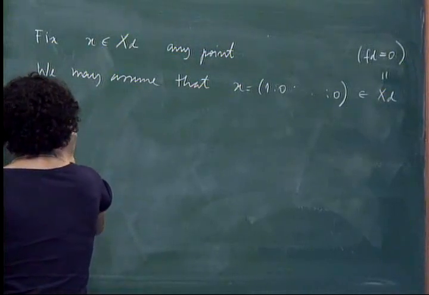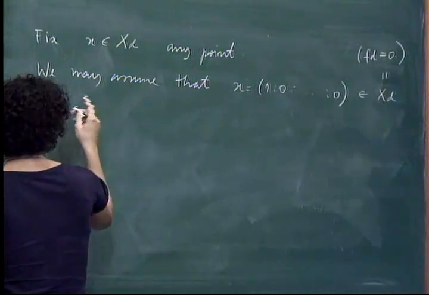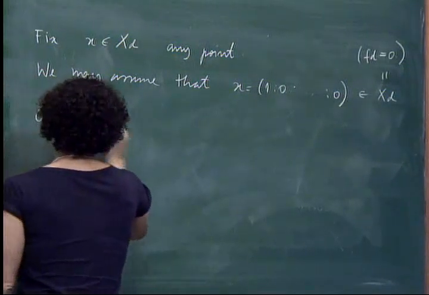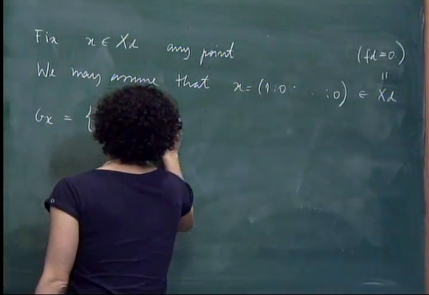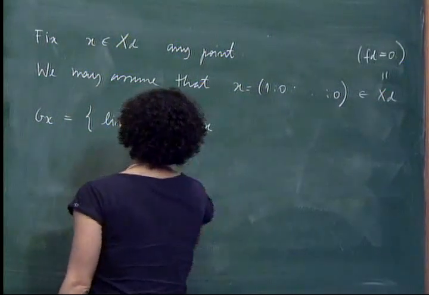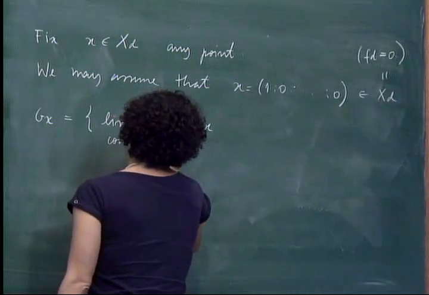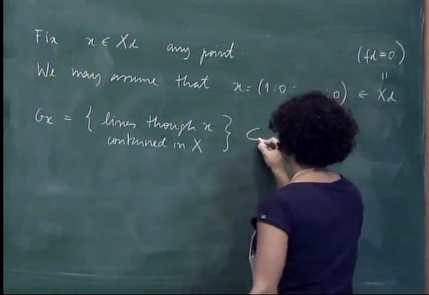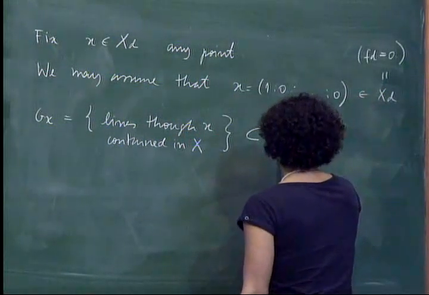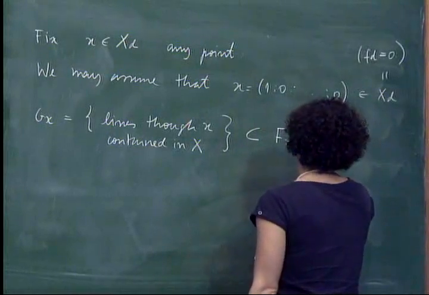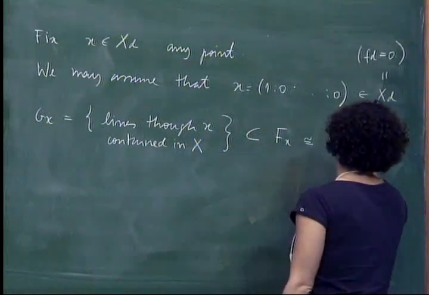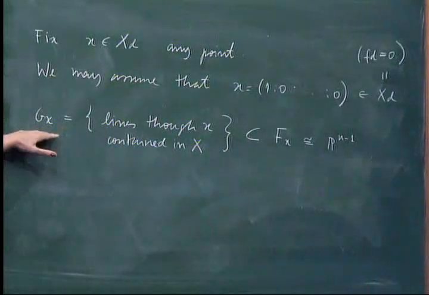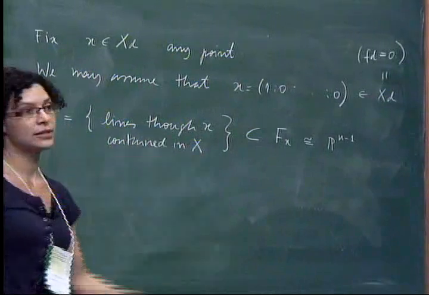And then we define a subvariety of the Fano variety of lines in P^n, parametrizing lines through x contained in X. This is a subvariety of the Fano variety of lines in P^n, which is isomorphic to P^{n-1}. So we want to find the equations that define G_x inside P^{n-1}.